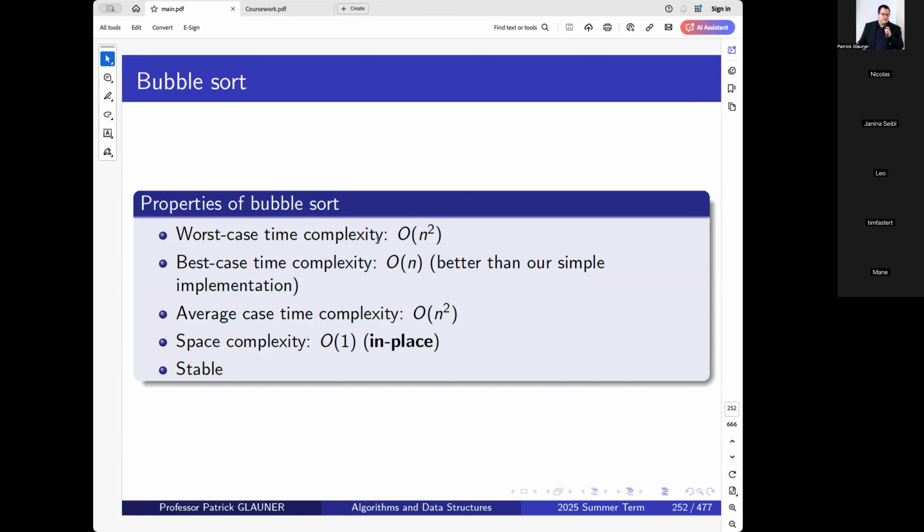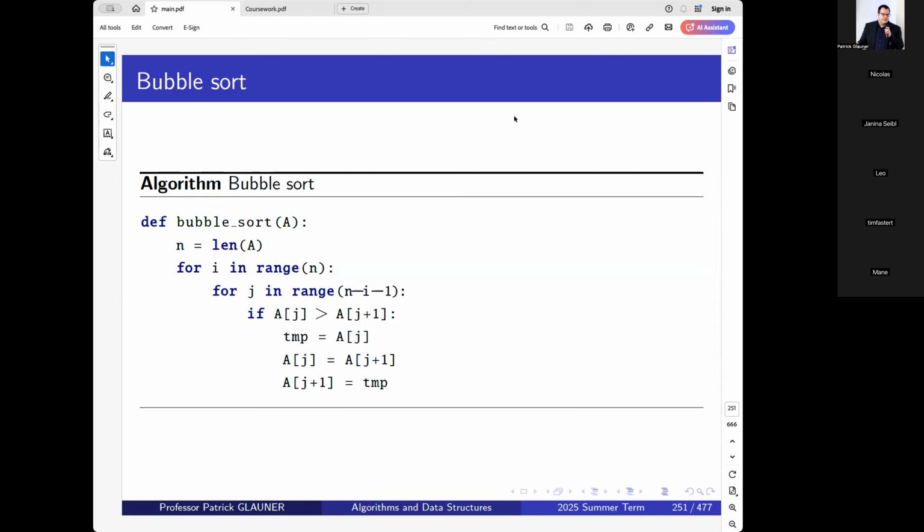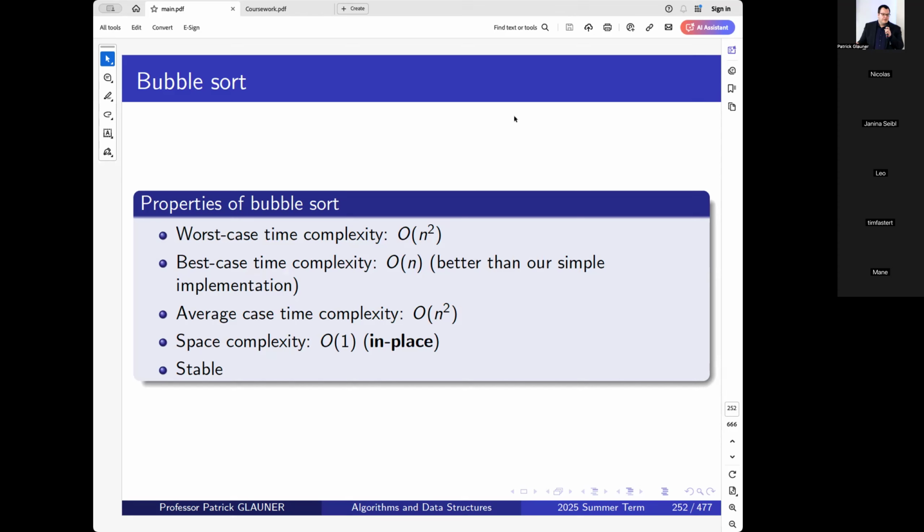And the space complexity is O of 1 if implemented correctly. And algorithms that have a space complexity of O of 1 are algorithms we often call in place. So in place is a term that refers to algorithms that have a constant space complexity, not just in sorting, but in general in algorithms.